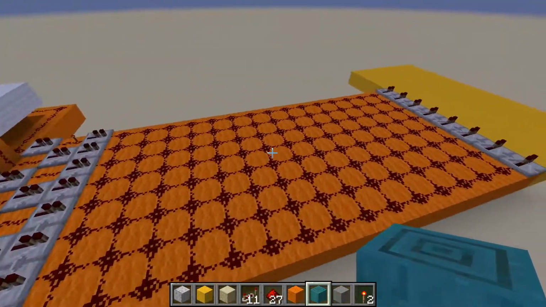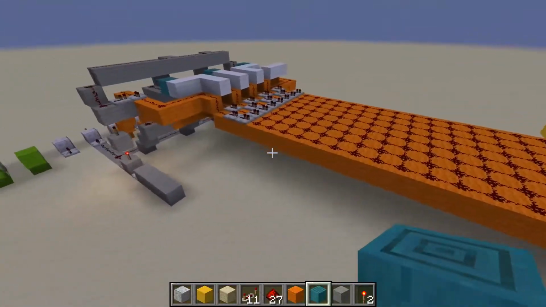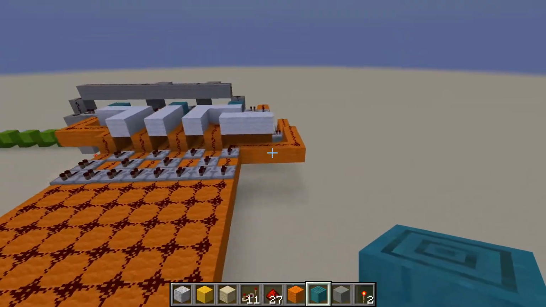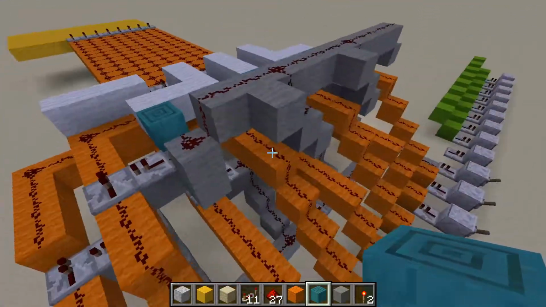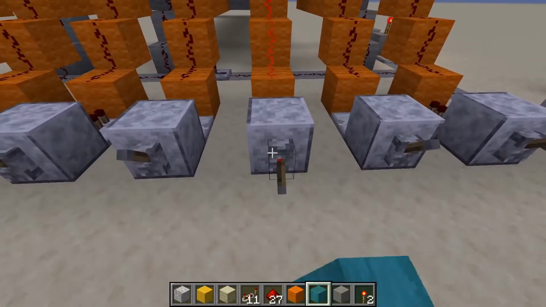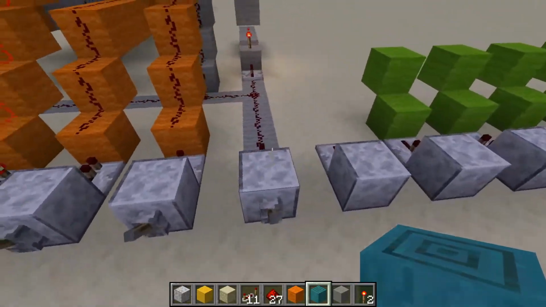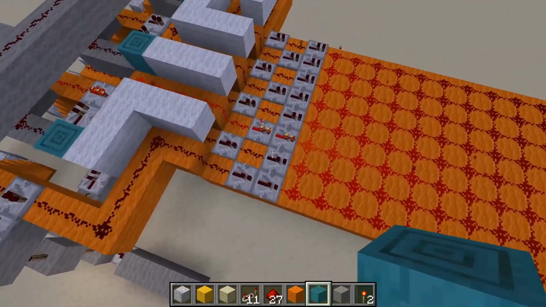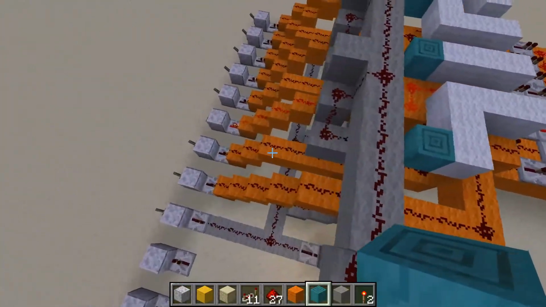We have spread this redstone across 15 blocks. So if I now activate this, you can see this bit is flashing.